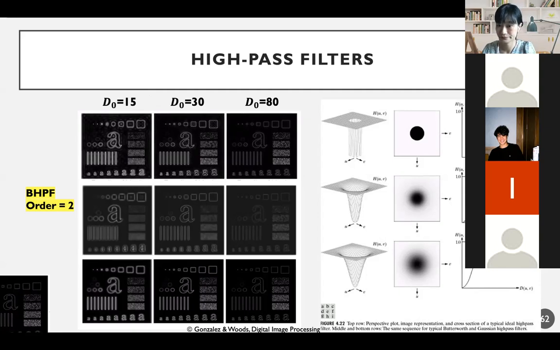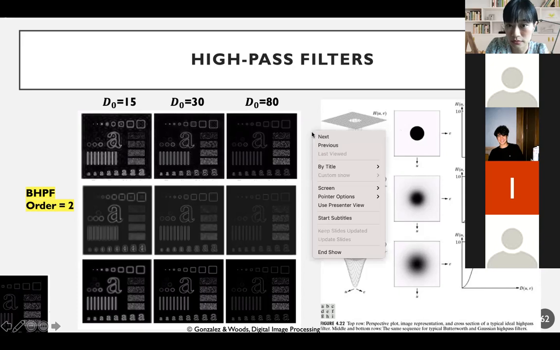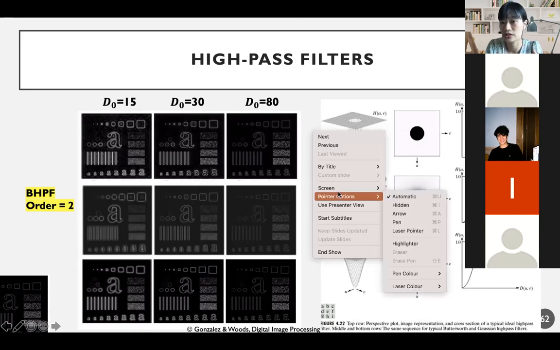So the rightmost one would be blurrier than the leftmost one, right? Because the cutoff frequency is high. It means that when the cutoff frequency, or the circle here, is really large, the black area will be large as well.